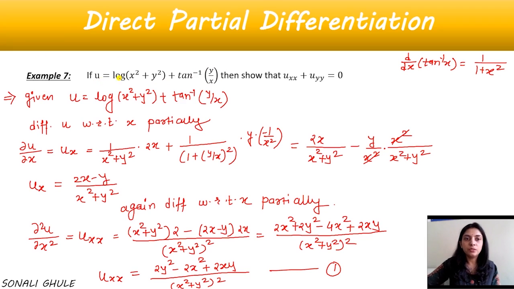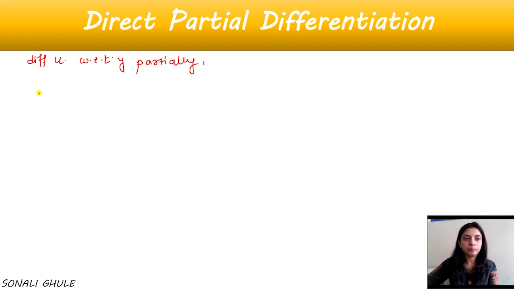U is equal to log of x square plus y square plus tan inverse y upon x. So differentiating this term with respect to y, the derivative will be uy, that is u with respect to y, is equal to 1 upon x square plus y square into the derivative with respect to y, it is 2y plus.